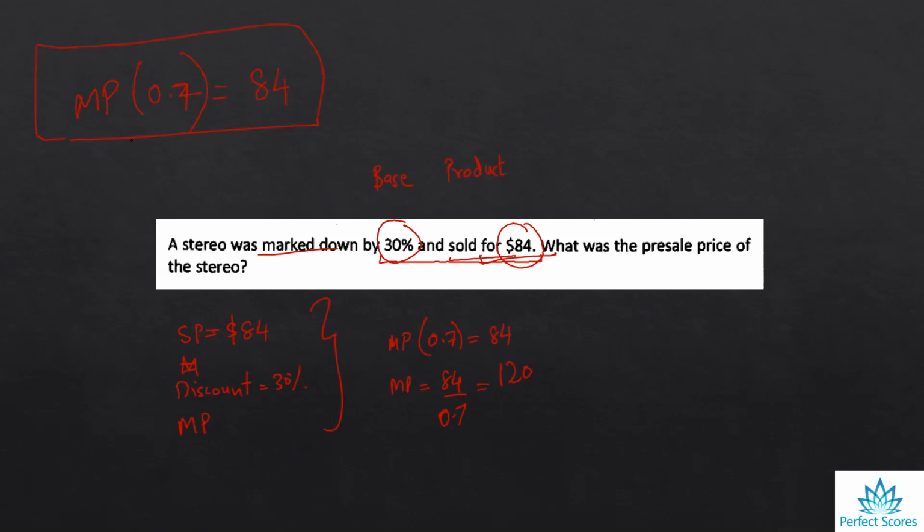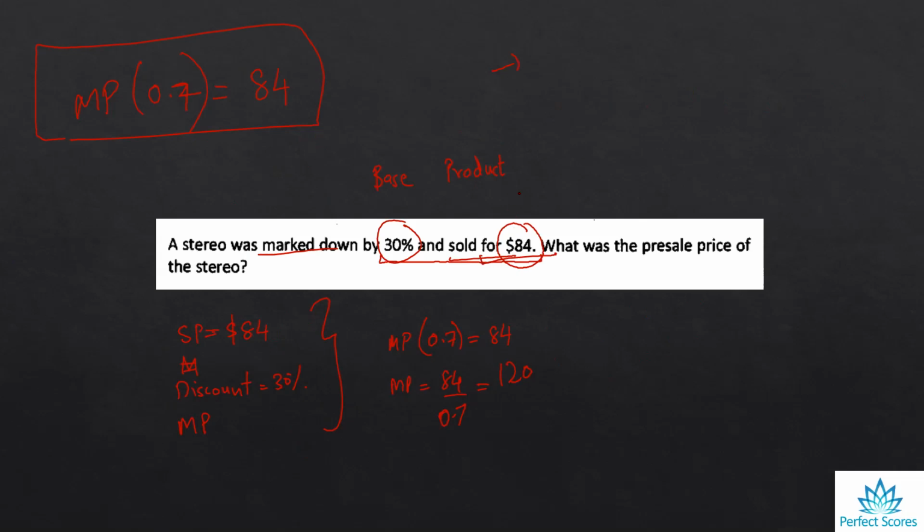Yeah, I got it. I was trying to put it as selling price 84 is equal to MP into 1 minus 30 by 100. Yes, but that is also another way of doing it, completely relying on the mathematical formulas.